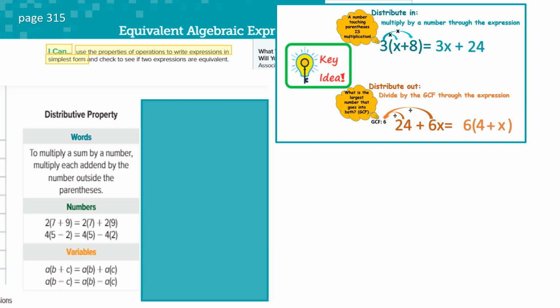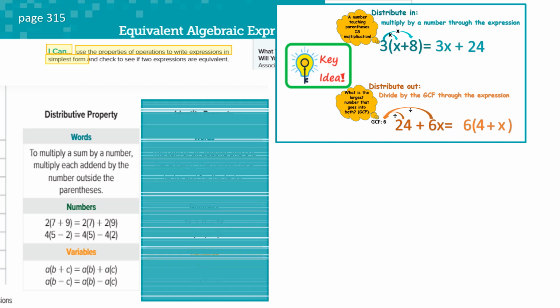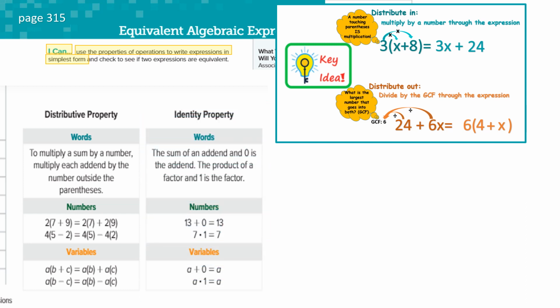That's how we get the 6 times, because that's the greatest common factor. It goes outside the parentheses, with whatever's left inside. So 6 goes into 24 4 times. We keep our addition sign, and 6 goes into 6 one time. We don't want to have that 1 written in front of the x, because as we get further along in mathematics, it just doesn't work right.